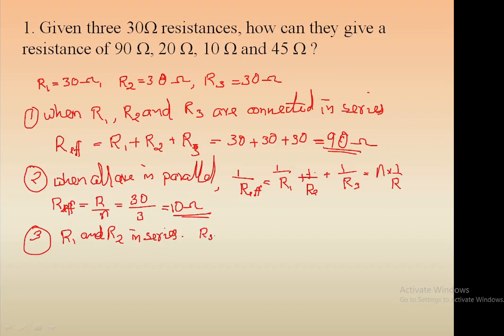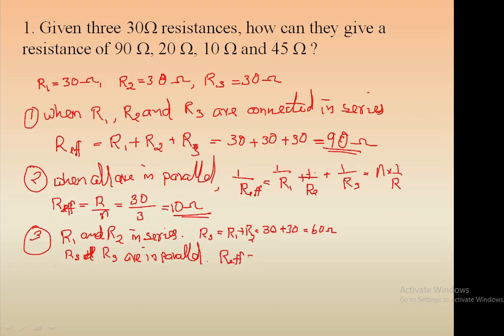Then the effective resistance Rs is equal to R1 plus R2, that is equal to 30 plus 30, equal to 60 ohm. So this effective resistance Rs and the third one R3 are in parallel. Then what is the R effective?